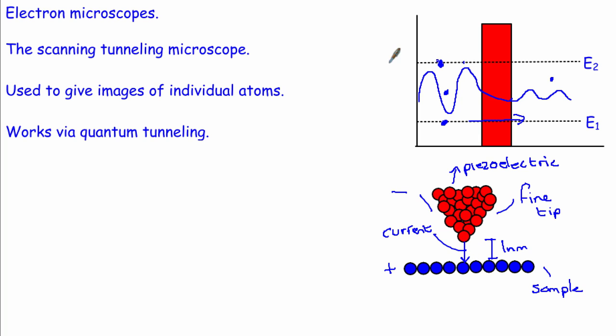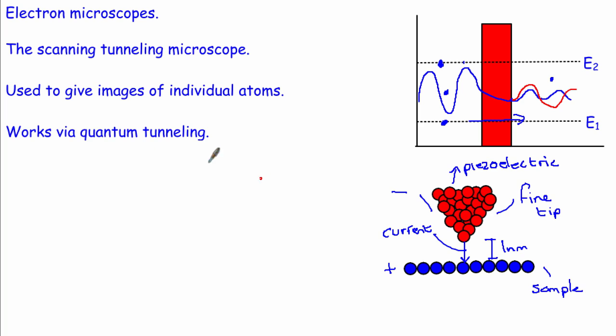Now, if we made this barrier thinner, then the amplitude of this wave wouldn't go down as much, and so you'd end up with a bigger amplitude wave, something like that. So now there's a greater probability that the electron is going to be on this side.